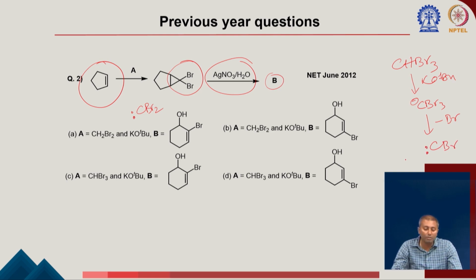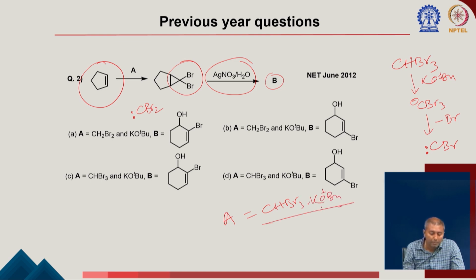So now the reagent of choice, A, will be CHBr3 with potassium tert-butoxide. Now if you look at all these options, there are 2 options, option C and option D, where you see A is the same. Now let's look at what your B will be.